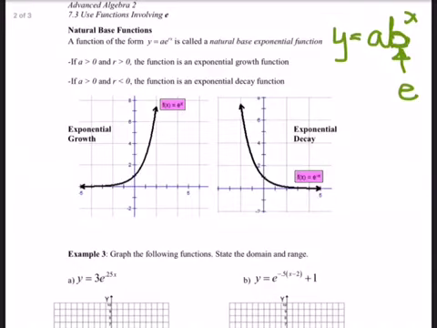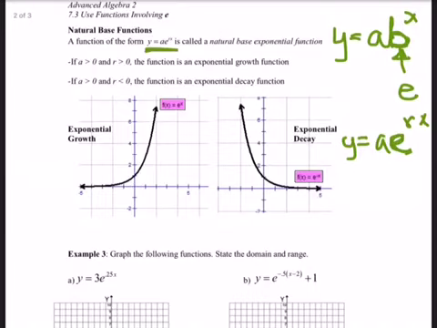It was a number bigger than 1 to get a growth function, and a number between 0 and 1 to get a decay function. For e, we have y equals a e^(rx). Because e is always 2.718 and so on, which is bigger than 1, I have to control the growth and decay by the exponent.